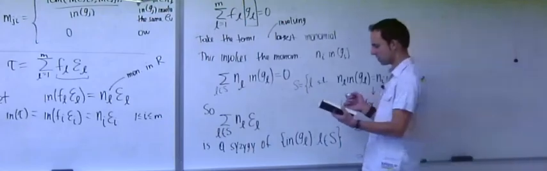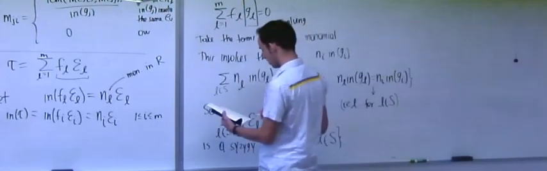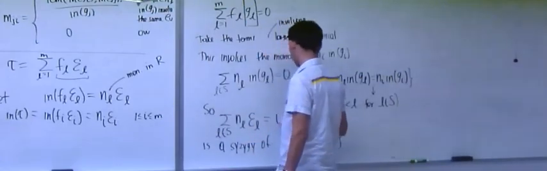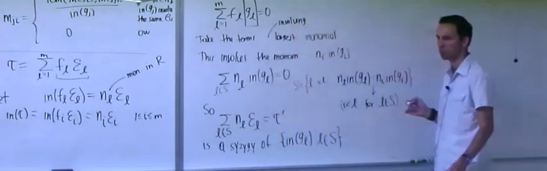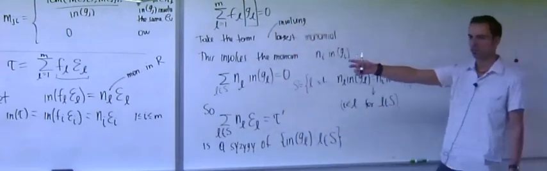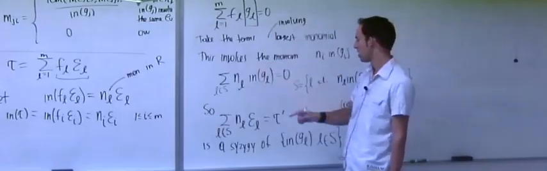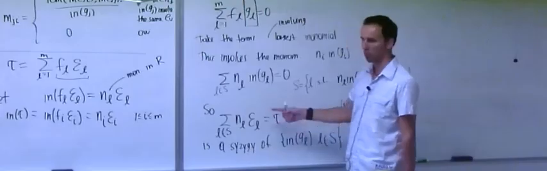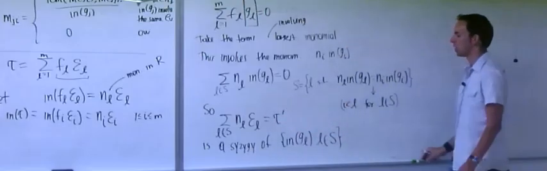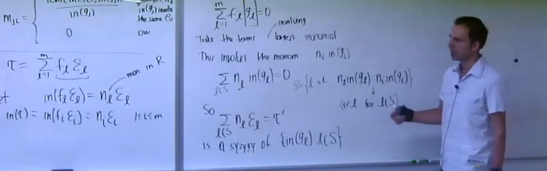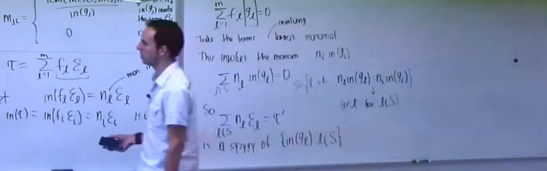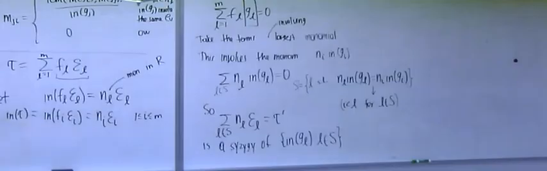Let me call this tau prime. So I started with my normal syzygy tau, and I got a new syzygy that's of monomial type. Now, because it's monomial, I can apply this result for monomials because we already proved it.